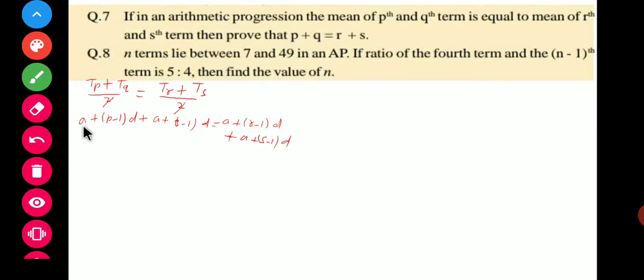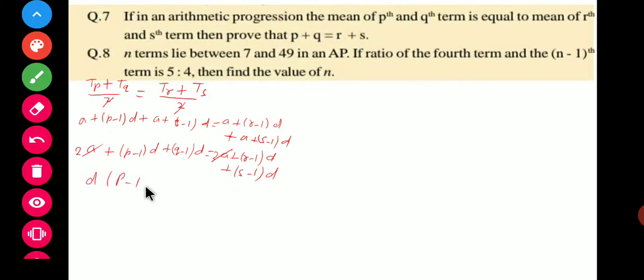Now a and a becomes 2a, plus p minus 1 into d, and plus q minus 1 into d. Here is 2a plus r minus 1 into d, and plus s minus 1 into d. So 2a cancels with 2a, and d is common.